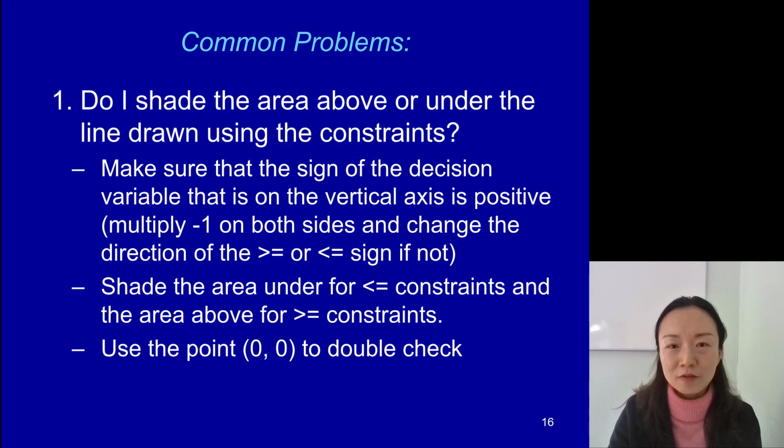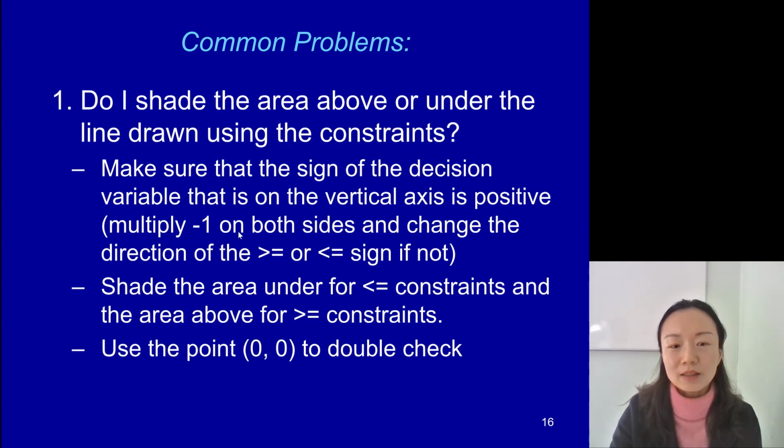And if you have a constraint in which the decision variable on your vertical axis has a negative sign, then you would shade the area the opposite way. Less than or equal to would be shading above, and greater than or equal to would be shading the area under. Or what I usually do is convert that constraint first.